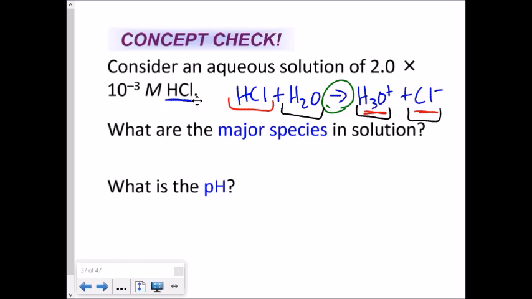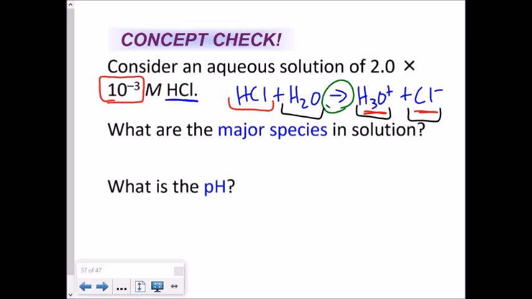The reason I know this is if I look at the concentration here, this says 10 to the minus 3. And remember, our pH scale is a logarithmic scale. So something that is 10 to the minus 3 is going to be somewhere in that 3 to 4 pH range, okay? Something that's 10 to the minus 1 should be somewhere in the 1 to 2 range, thinking about that logarithmic scale that we were talking about last time. So I can tell, looking here, that that's a pretty high concentration.